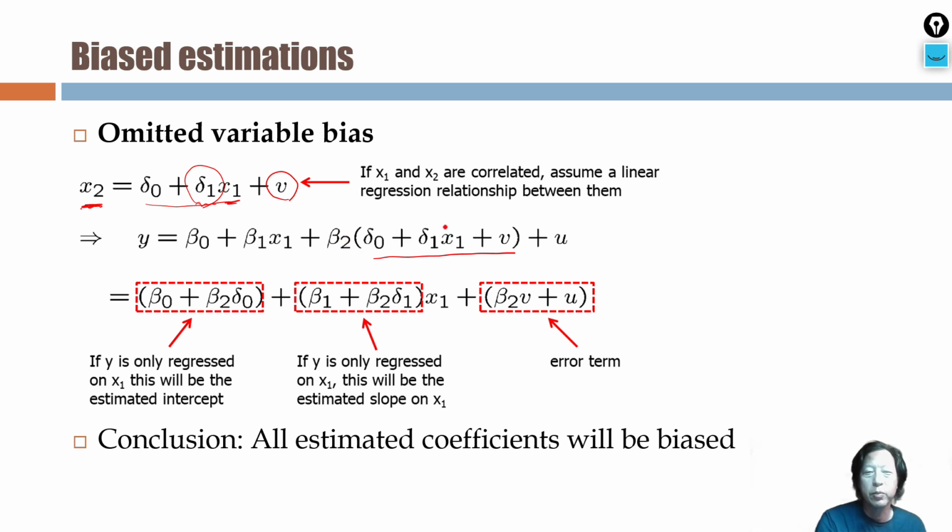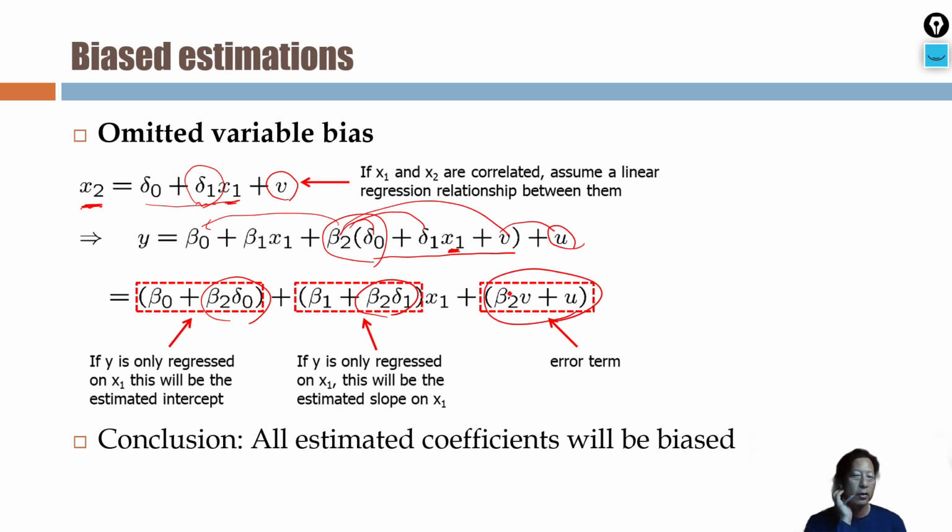Then you can expand it, and this term goes here because it has x1, and this times this goes to here, and then this times this is added to the error, right?